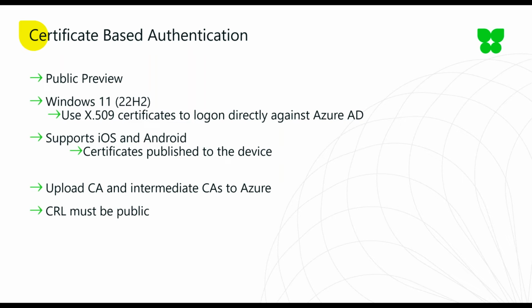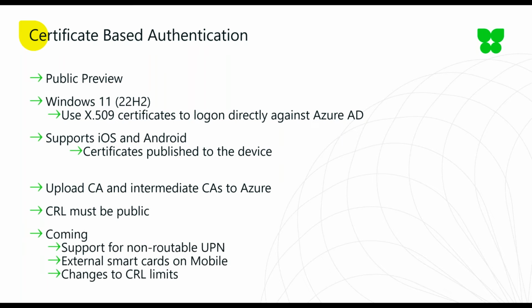Now, what this doesn't do yet, but it's coming, and I'm expecting this to be available at least in preview by the end of the year, is to support those non-routable UPNs. People who are still using Active Directory and smart cards because they have a large on-premises estate may have a UPN that includes company.local as a name.